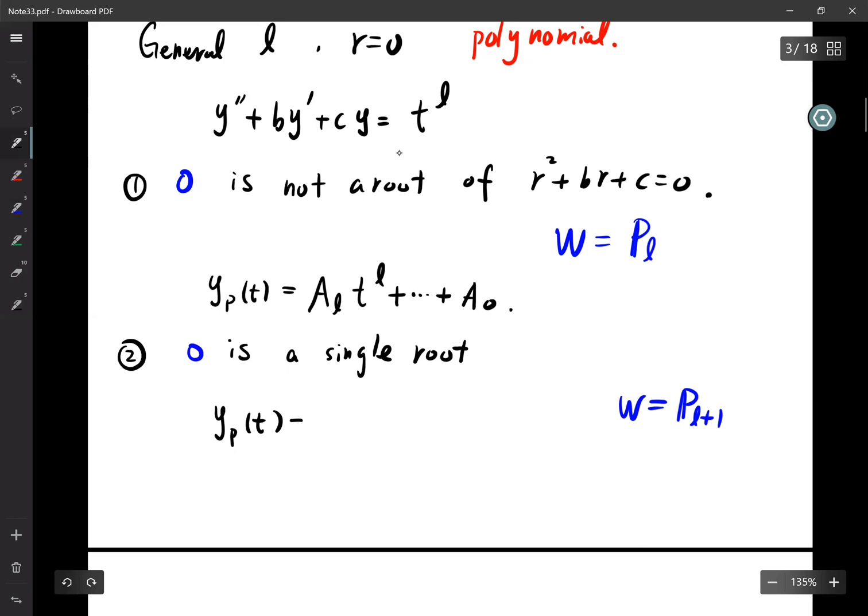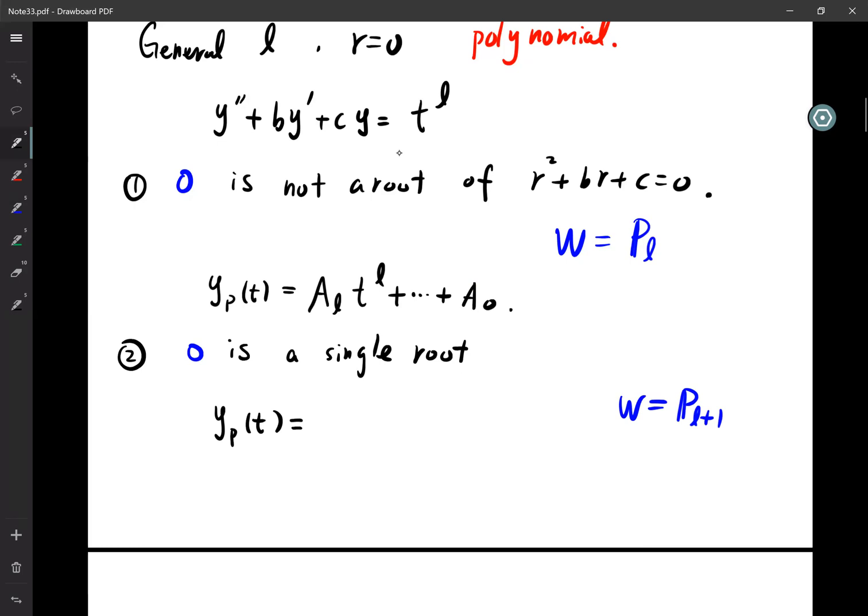And inside, I can just raise the power by 1 order. However, I can do something slightly smarter than that. The reason is that I know a constant will never be the solution. Why? Because the constant actually belongs to the solution set of the homogeneous equation.